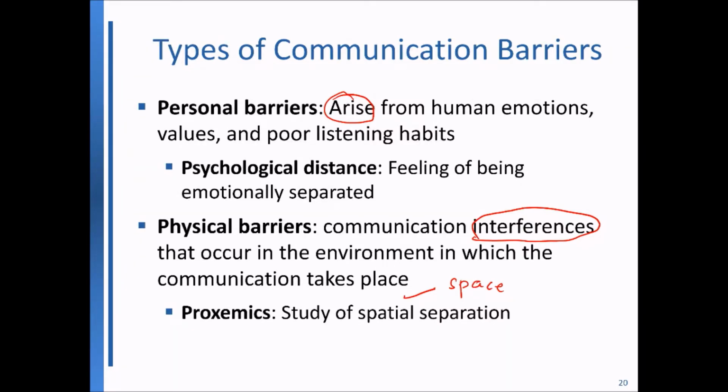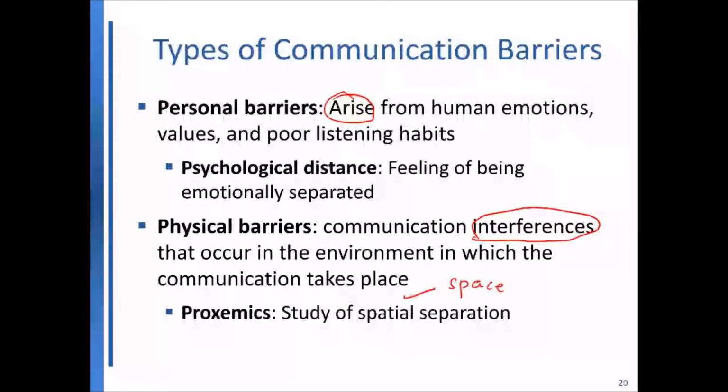You got my point? We call that personal barriers. So the reason why the two persons are not understanding each other is not because of the physical distance, but because of personal factors.